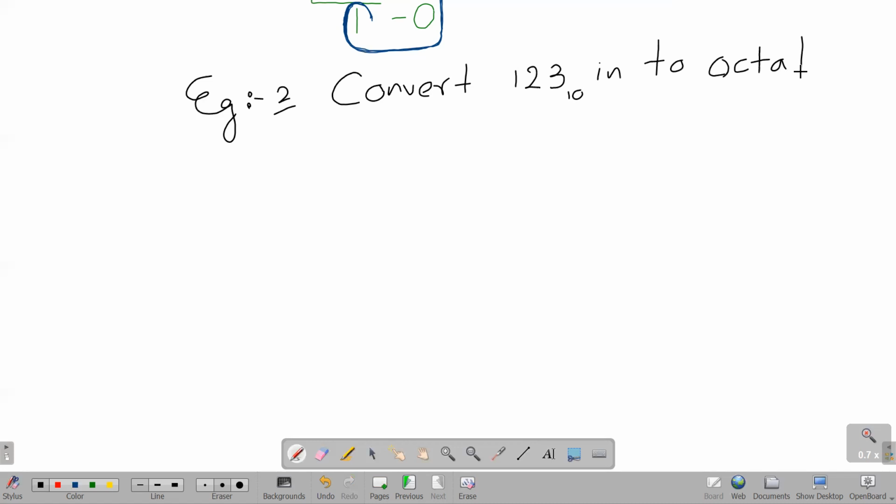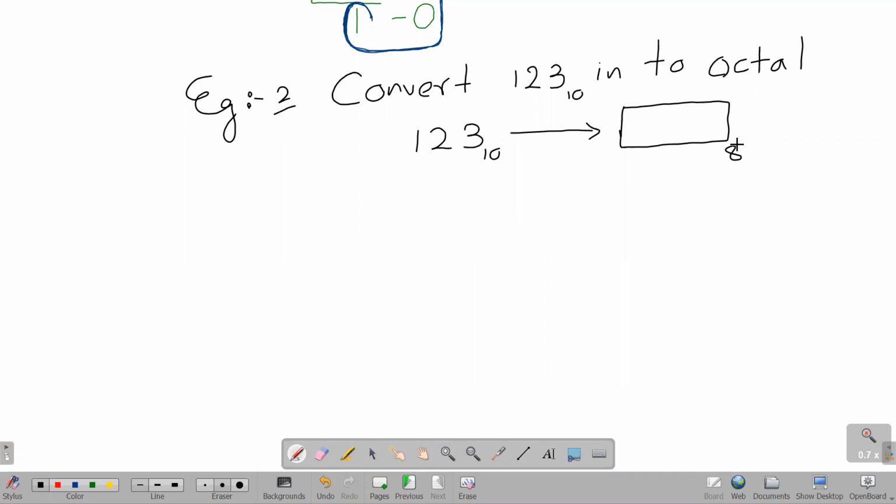So the task is that 123, a decimal value, needs to be converted into an octal equivalent. Now, since you know the method of converting a decimal into binary, the same technique can be applied to this particular one as well.